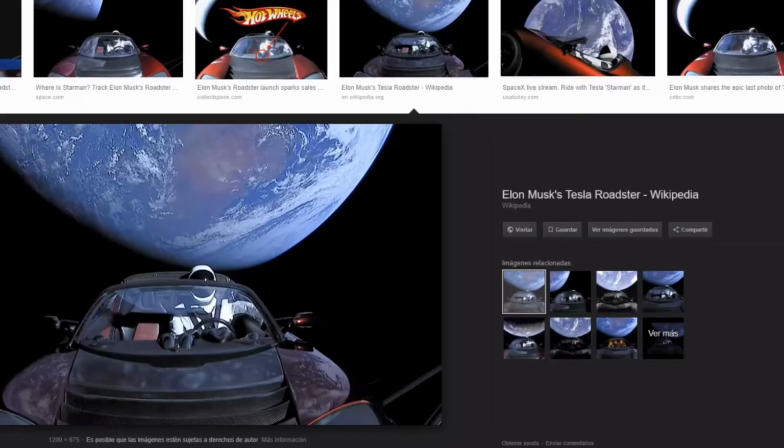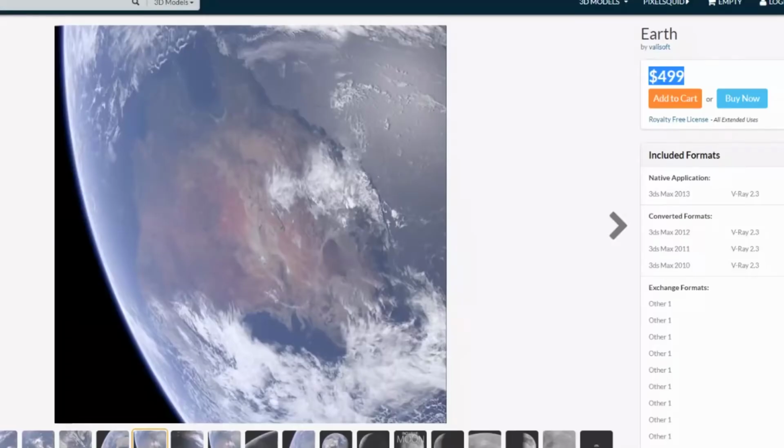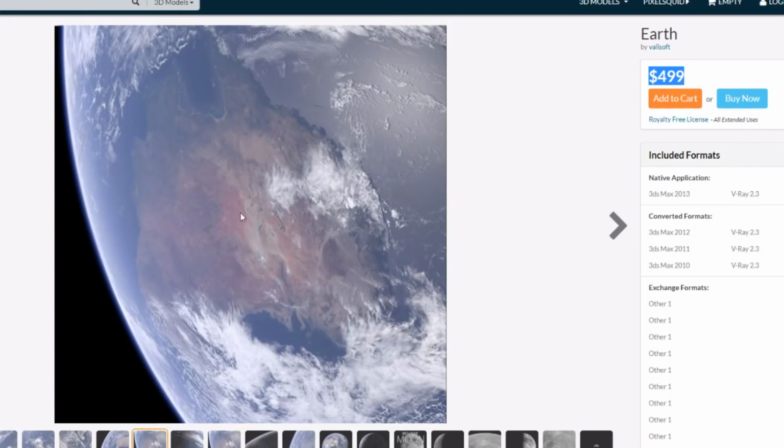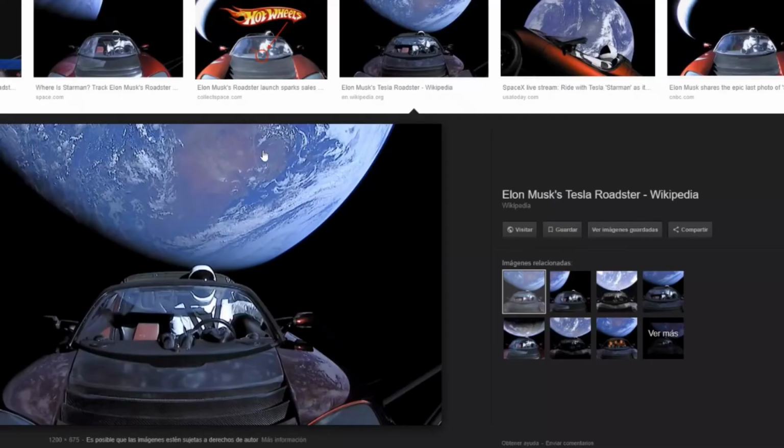If you compare that, it's the same kind of situation. There is not much difference between this Australia and this Australia.